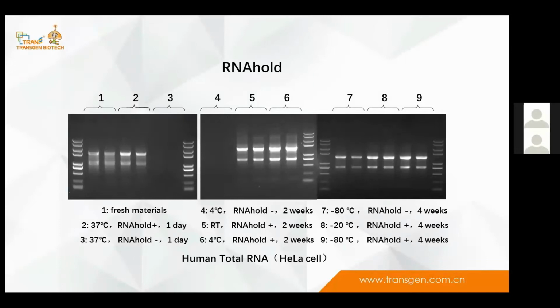This experiment will show you the result about RNAhold. We used human total RNA from HeLa cells. As we can see here, the fresh material extracted immediately showed a very good result, with very specific bands of the RNAs. And here we used RNAhold and preserved the materials at 37 degrees Celsius for 1 day, and we can still extract the RNA very well.